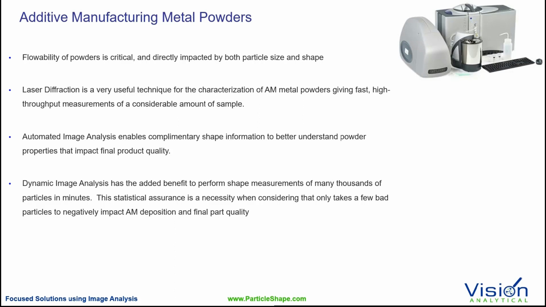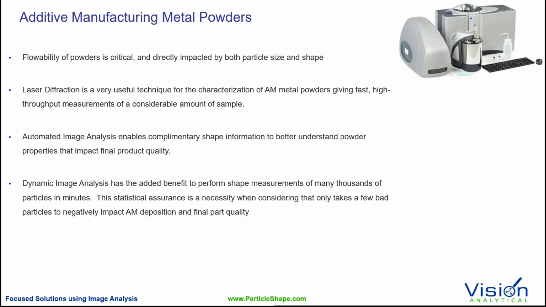Dynamic image analysis is an automated imaging platform. It works very similar to laser diffraction in that it's a very high throughput analysis. We can measure many thousands, tens of thousands of particles in minutes. This is, again, for the same reason that laser diffraction does it. It's very important because you want to get good statistical assurance of what particles you're analyzing.